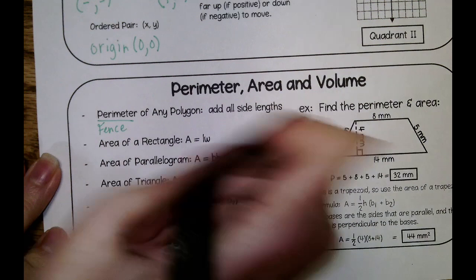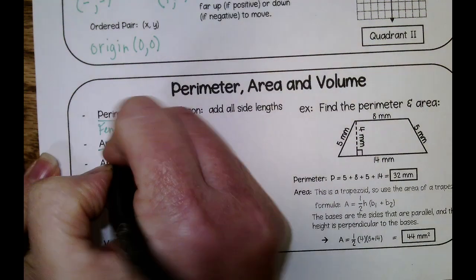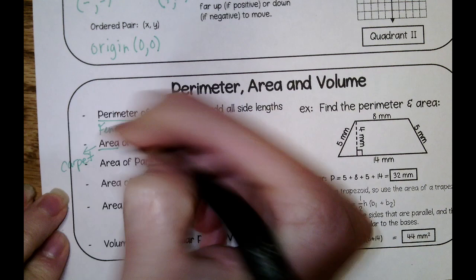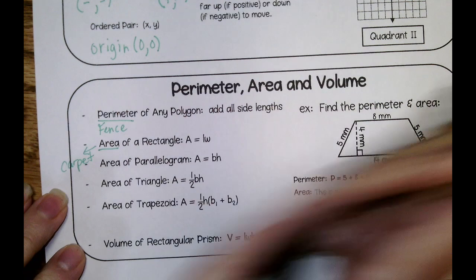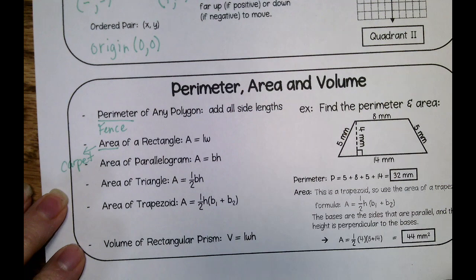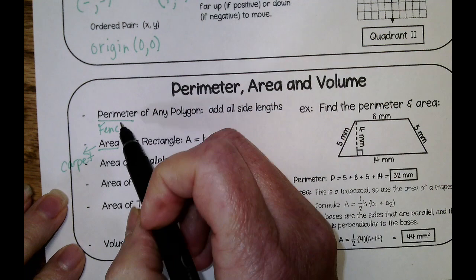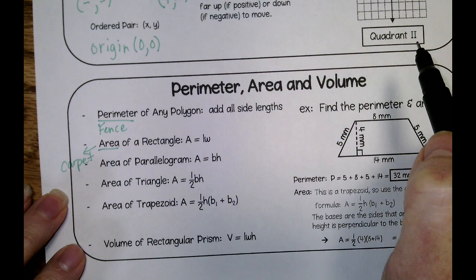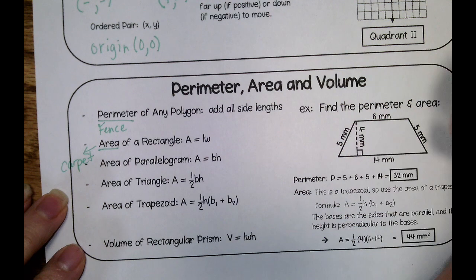Area, I like to think of carpet. How much carpet are you going to need? Whenever you have to put carpet down, you got to find out what the area is that you're going to cover. If you're going to put a fence up, you got to find out the perimeter of what you're trying to enclose. So that's how I visualize the difference between area and perimeter.